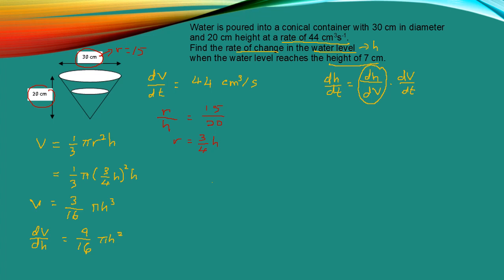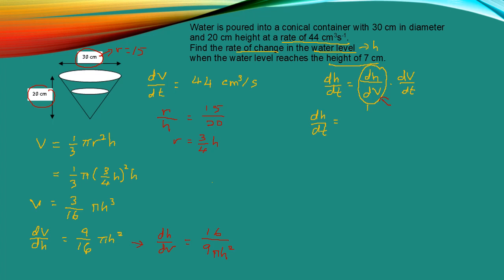Just now our chain rule needs dH over dV. So from here we get dH over dV will be equal to 16 over 9 pi h square. Then dH over dt will be equal to dH over dV multiplied by dV over dt.